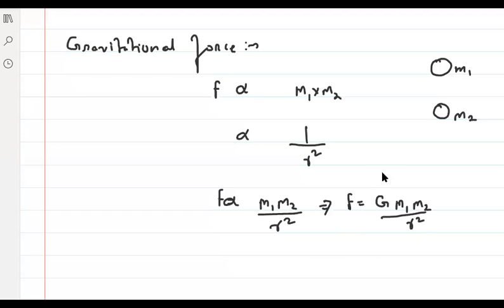What is the value of G? 6.67 into 10 to the minus 11.